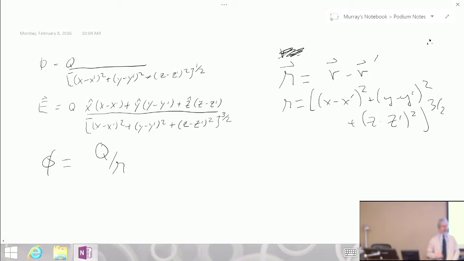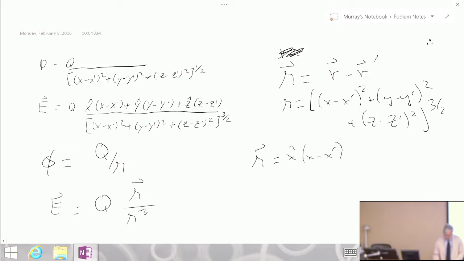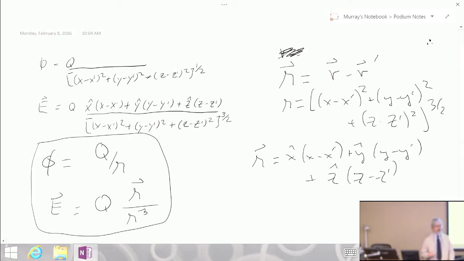Phi is q over script r, and E is q script r vector over script r cubed. And the script r vector, of course, is x hat, x minus x prime. So I find this a little easier to remember and then work back from that. Okay.